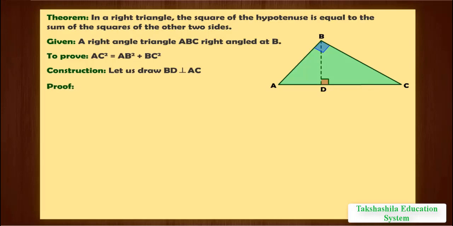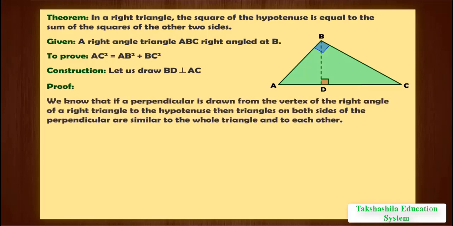Starting the proof, we know that if a perpendicular is drawn from the vertex of the right angle of a right triangle to the hypotenuse, then triangles on both sides of the perpendicular are similar to the whole triangle and to each other. So following from the property, triangle ADB is similar to triangle ABC.